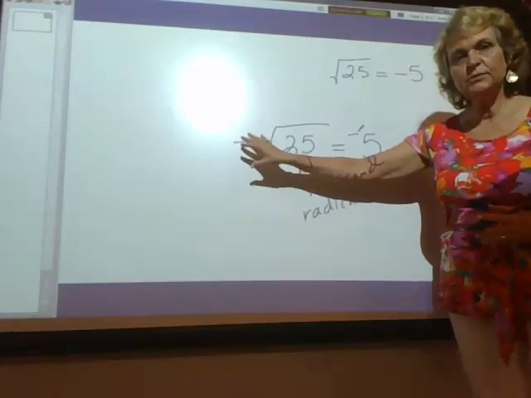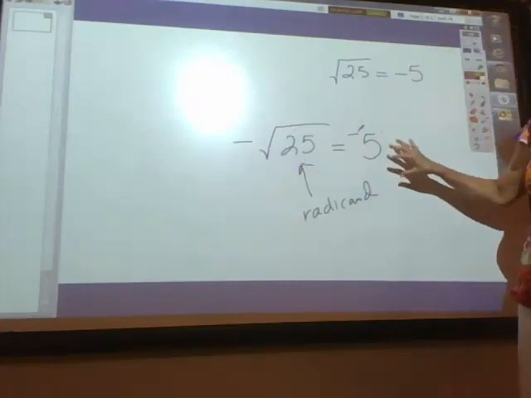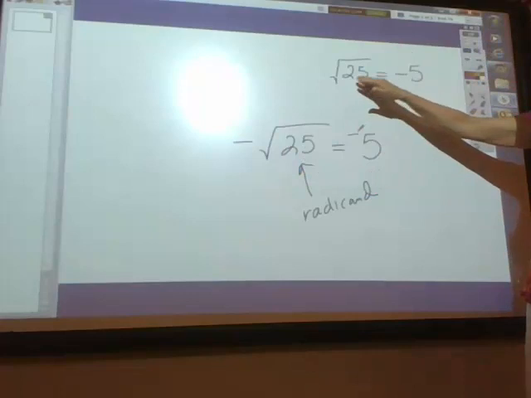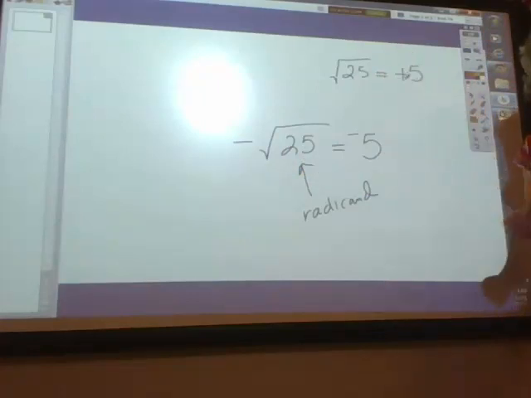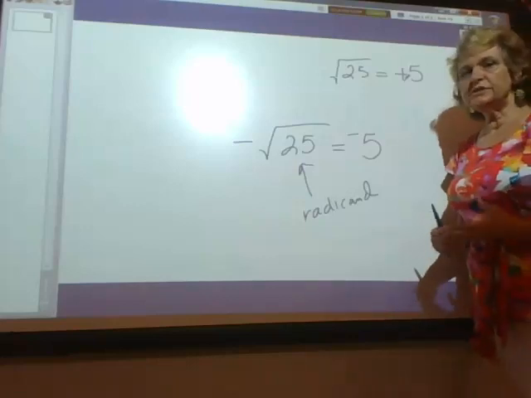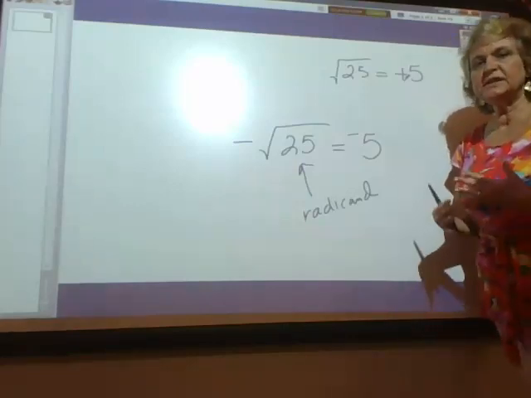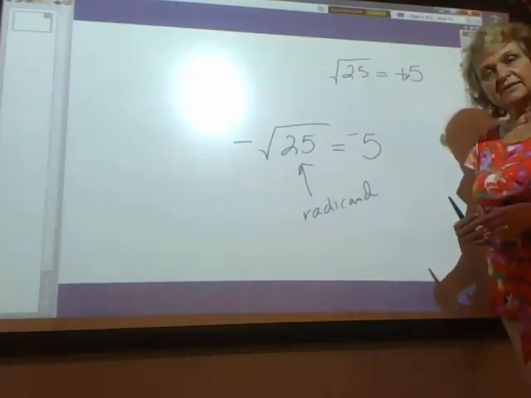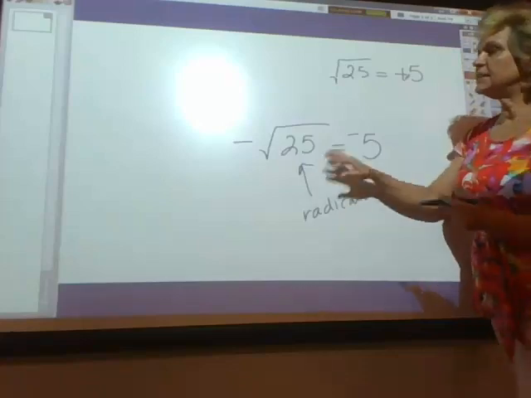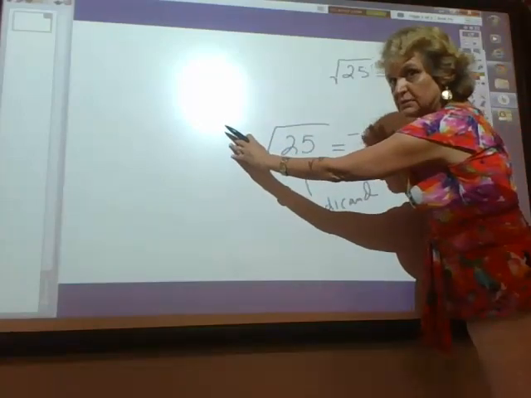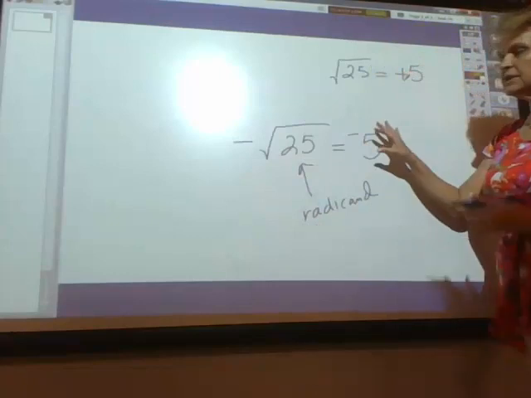If there's a negative, we want the opposite of this answer, so negative 5. Radical 25, you're just going to go ahead and give the principal, okay? So if the question asks, what are the square roots of 25, you'd say plus, minus 5. If you are just given the square root of 25 without a negative sign, you're going to go ahead and give me 5.